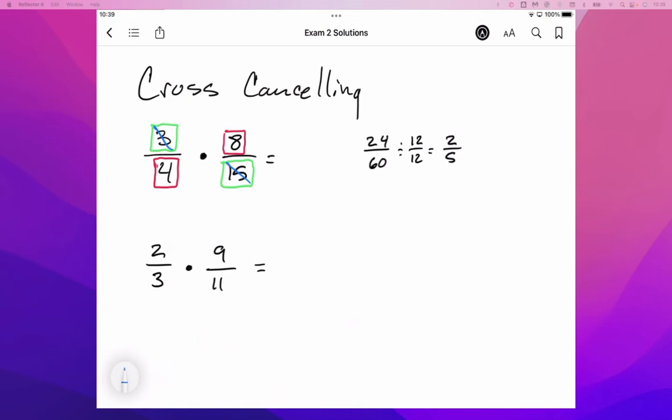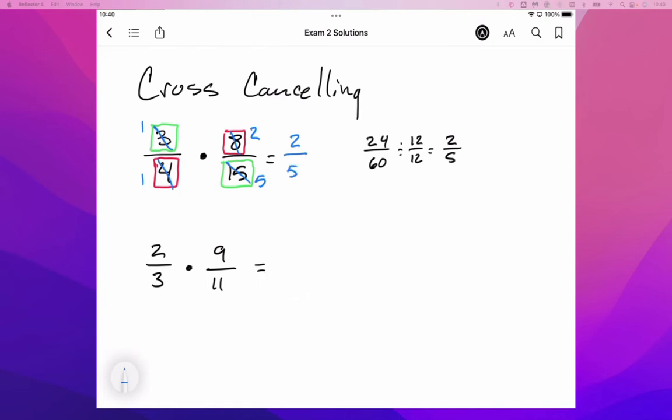They have the common factor of 3, which would divide by 3 make 1, and divide 15 by 3 make 5. And if we did the same thing for the 4 and the 8, 8 and 4 both share 4 as a factor. So 4 divided by 4 is 1. 8 divided by 4 is 2. And then if we were to multiply like normal in the numerator, 1 times 2 is 2. In the denominator, 1 times 5 is 5.